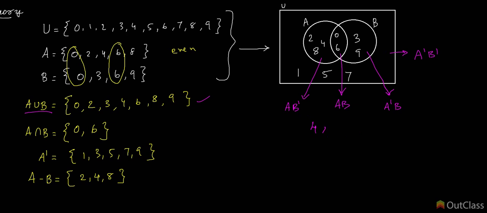Notice that there are 4 regions in a two-set Venn diagram. We'll elaborate on this further.